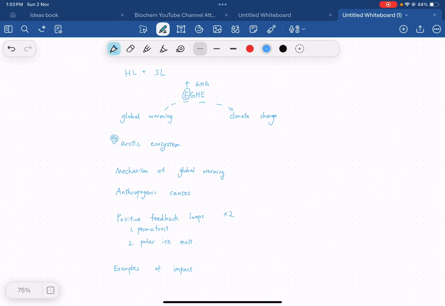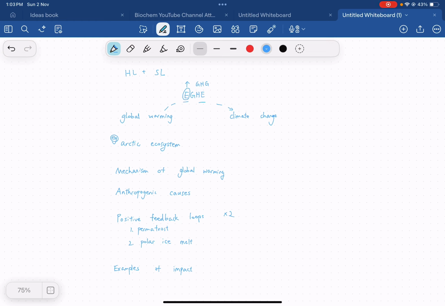And the second thing is polar ice melt. Global warming causes the polar ice to melt. Compared to the ice or the snow that is covering the polar area, ocean, if it's exposed as the ice melts, would have a much lower albedo because it's darker in color.